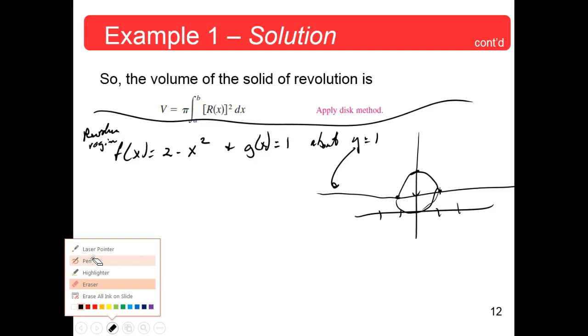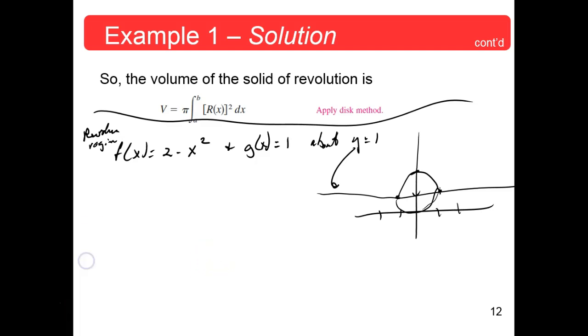It is the upper and lower half of a parabola. It has a little pointed tip at the edges here. It's not circular, not really even that close to circular. That's what we've got when you revolve it around y is equal to 1.